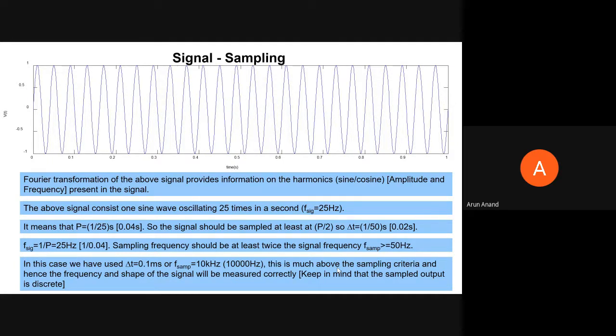So you should use a detector which is working at least at 2.4 kilohertz to see these oscillations. So it is pretty important when you design an experiment. You should know what is the maximum frequency you want to measure. Once you fix that, your sampling frequency should be twice the maximum frequency you would like to measure. That's it. Clear?